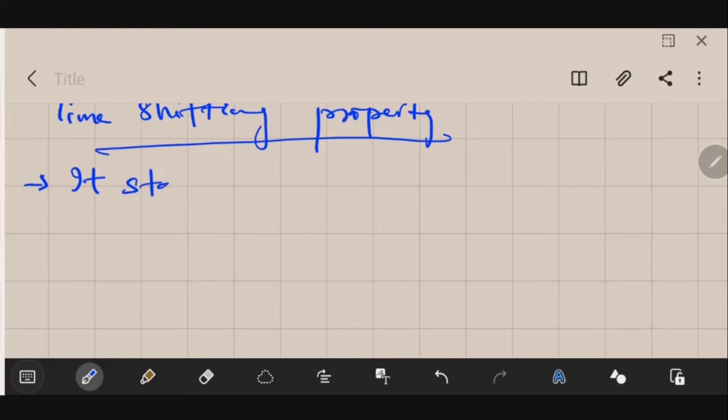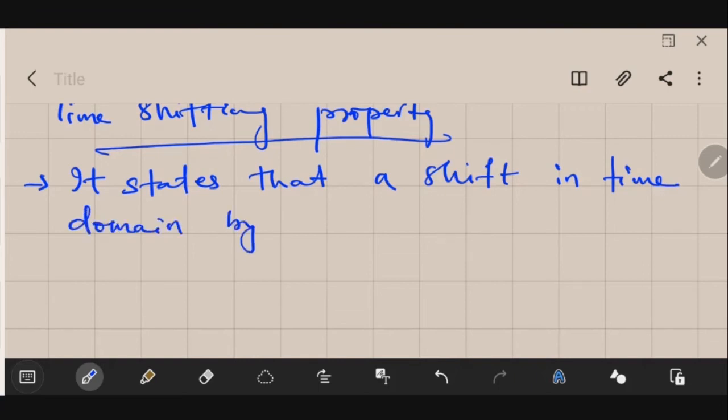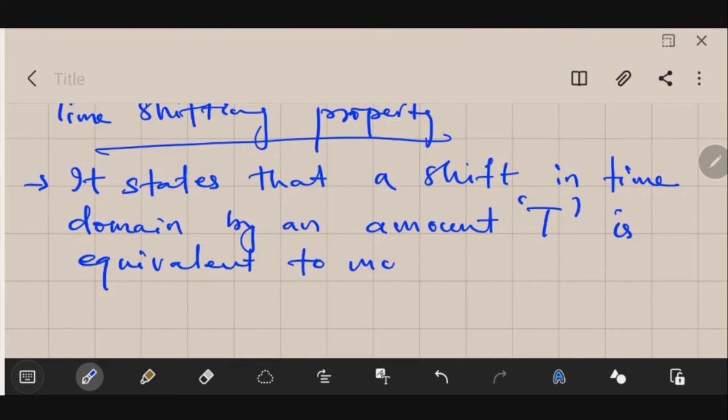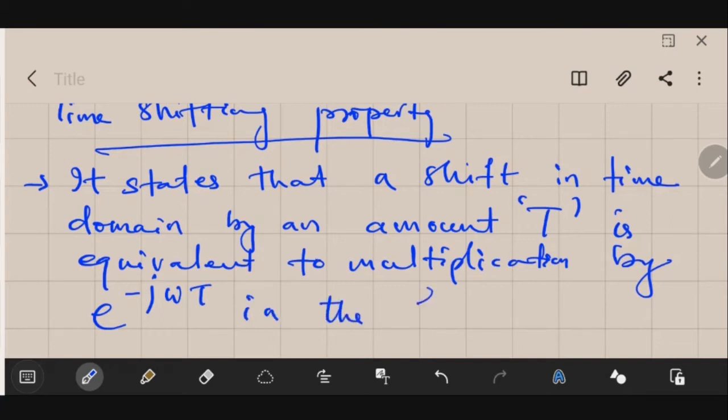So it states that a shift in the time domain by an amount capital T is equivalent to multiplication by e to the power minus j omega capital T in the frequency domain.